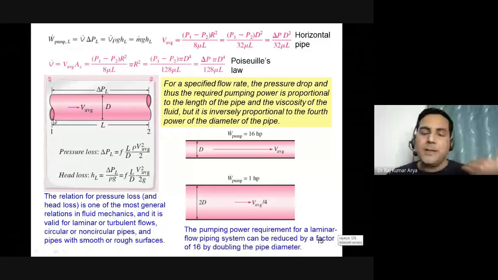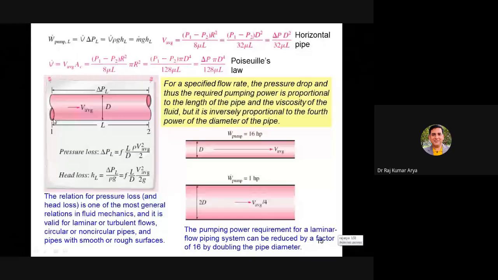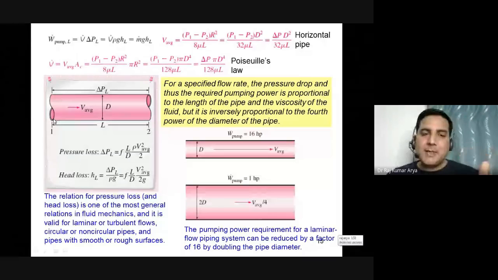Now that mechanical energy is transferred to the impeller of the pump. Some percentage of that would also be transferred to the fluid, not the entire thing. The rest would be used just to rotate and so on. The entire thing cannot be used for pumping of the fluid.